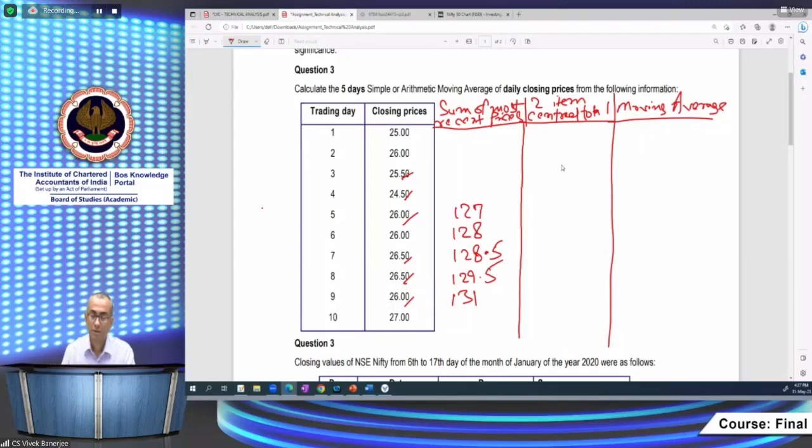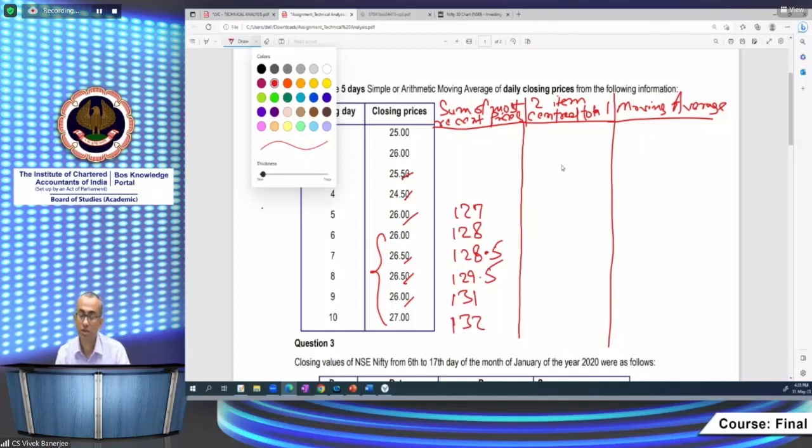Again, add the last 5, that is 26 to 27. It's coming to 132. The two items centered total means you have to add this 127 plus 128.